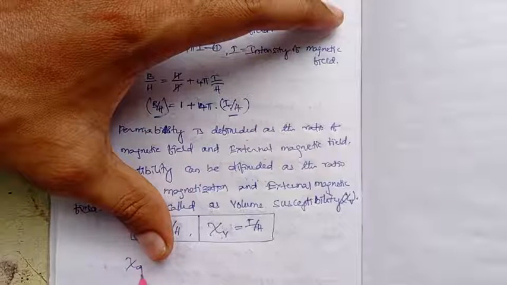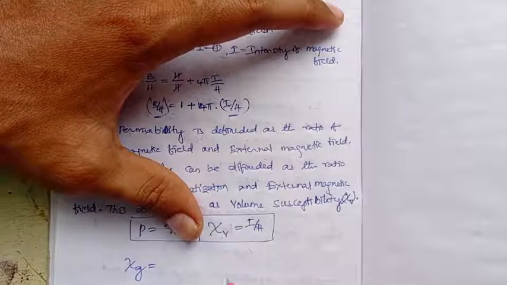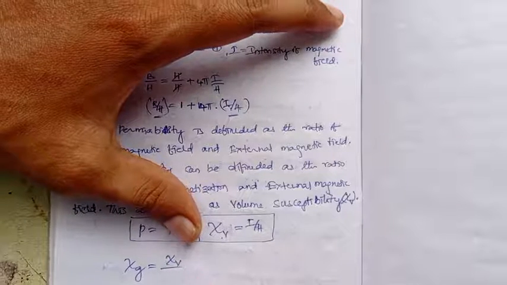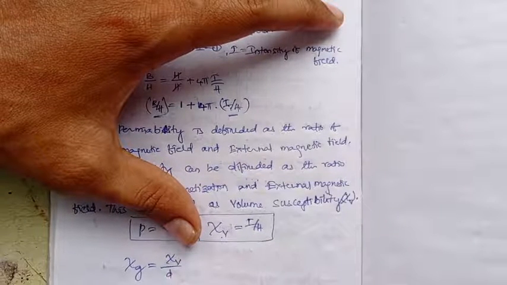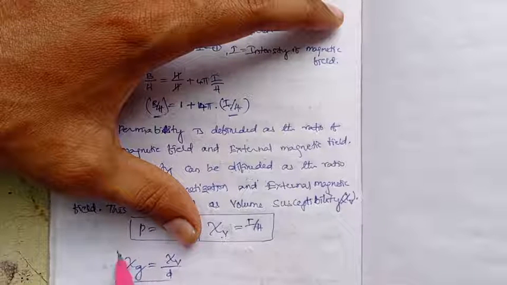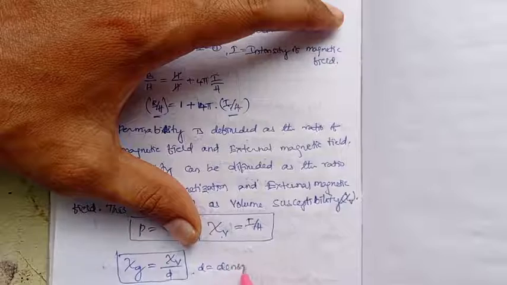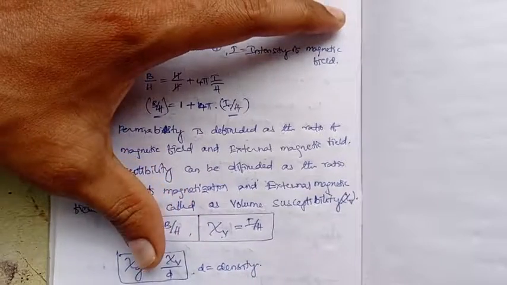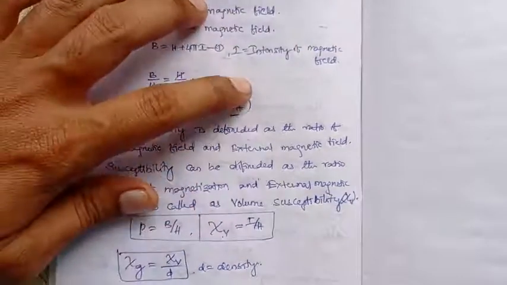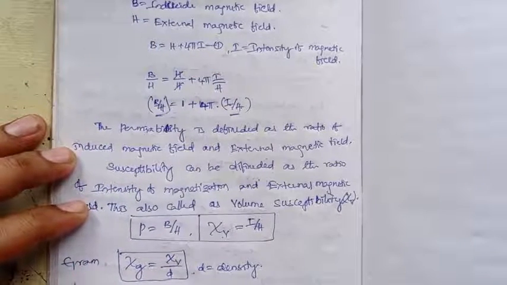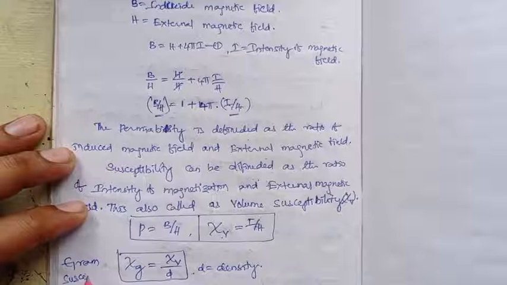The gram susceptibility is equal to the ratio of volume susceptibility divided by density. Right. That's how the gram susceptibility will come.